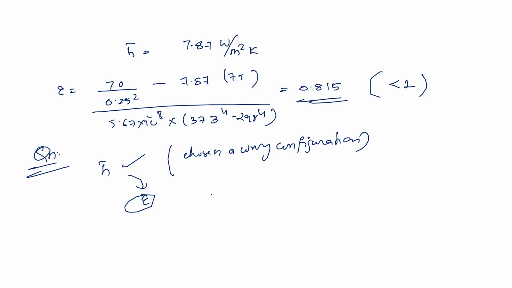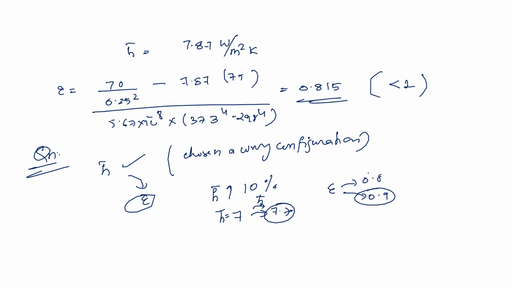It can be observed that if you change H bar at the 10% level, suppose it is 7 and you change it by 10%, which may be 7.7, if you took H bar equal to 7.7 instead of 7, you should see that epsilon will change from 0.8 to 0.9 in this case, a 0.1 difference.